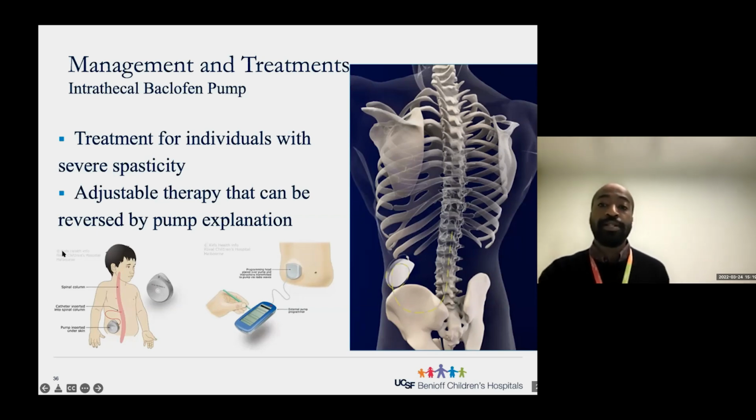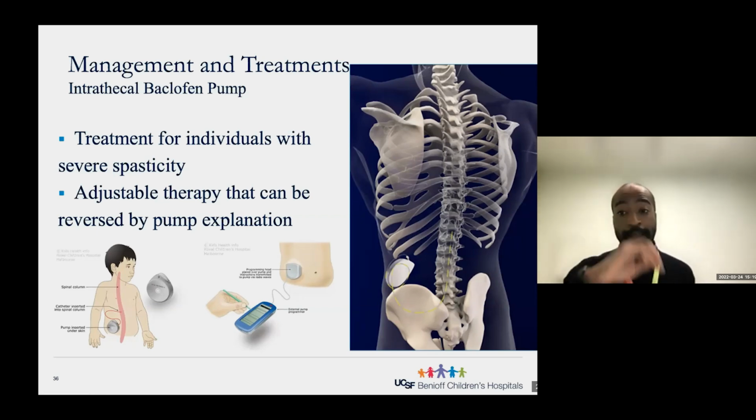So it's directly delivering baclofen to its target site, which is kind of cutting out the middleman of oral baclofen, which has to be absorbed through the blood and then get through the blood-brain barrier.